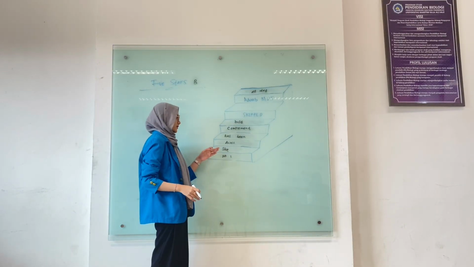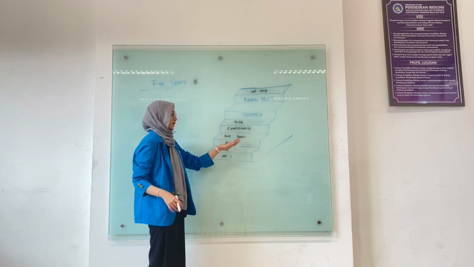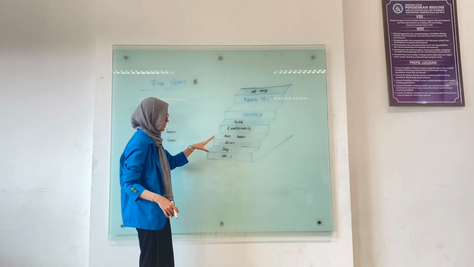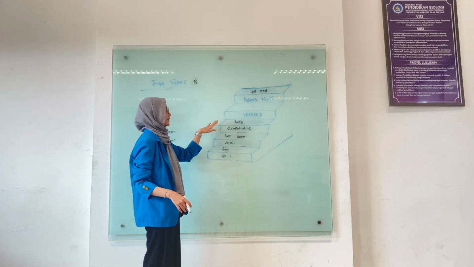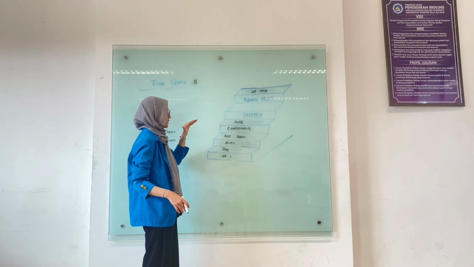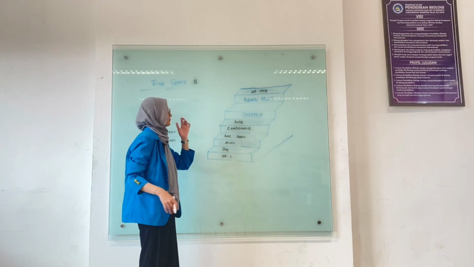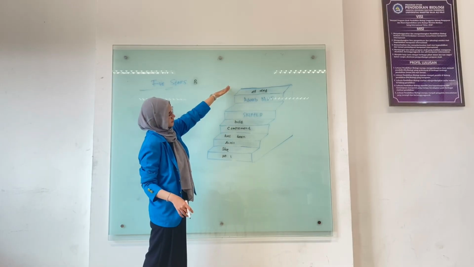The subject is she, and the auxiliary has been. I use has in the sentence because she is singular, and the complement is busy. It tells that she is busy at the condition. And the adverb of time.